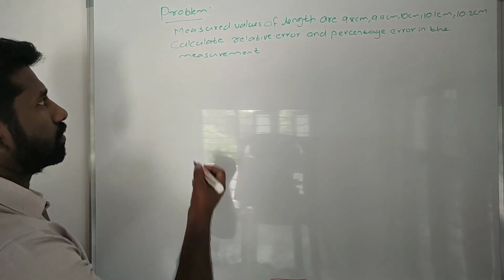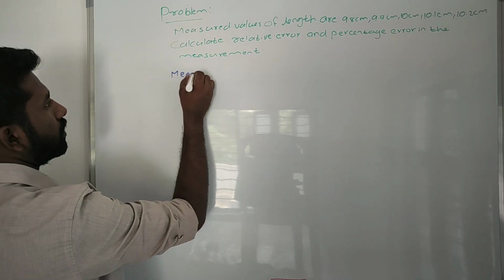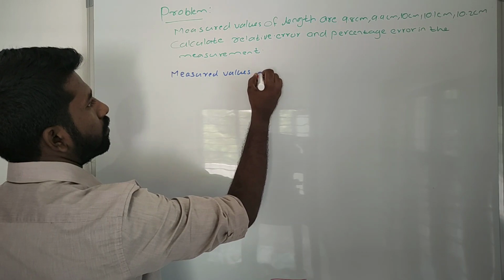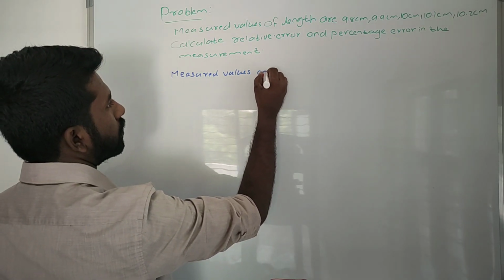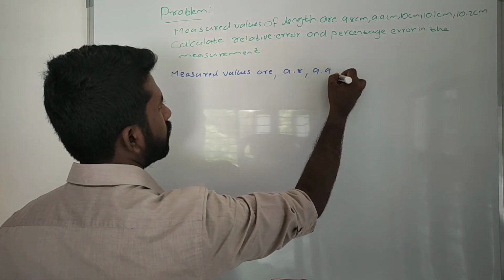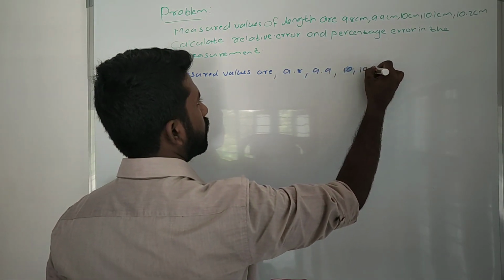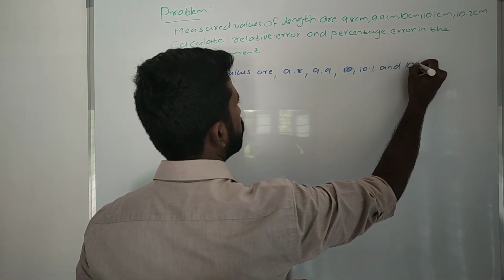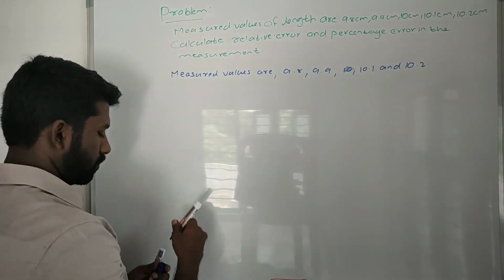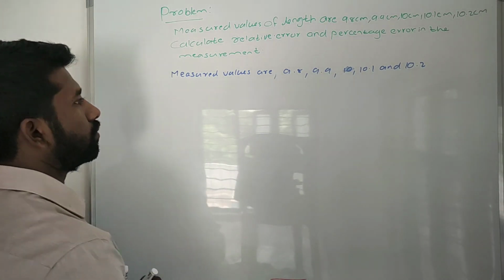First of all, we will write the measured values: 9.8, 9.9, 10, 10.1 and 10.2. First we have to find the mean value. What is the formula for A mean?